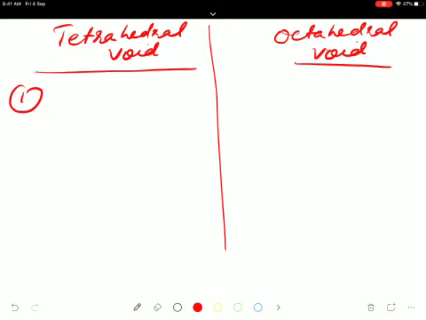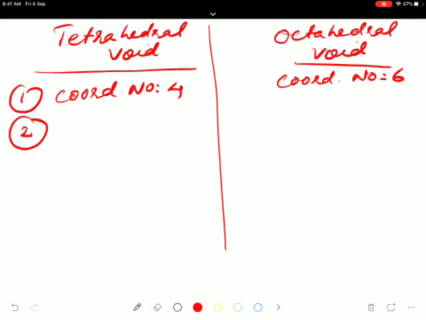So what is the coordination number of tetrahedral void? Coordination number is equal to 4. But here coordination number is equal to 6. So that is one difference. And you know that tetrahedral void is smaller, octahedral void is bigger.